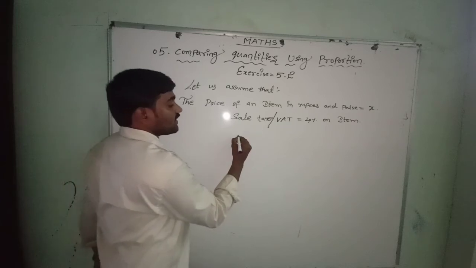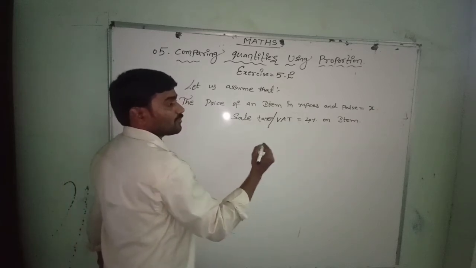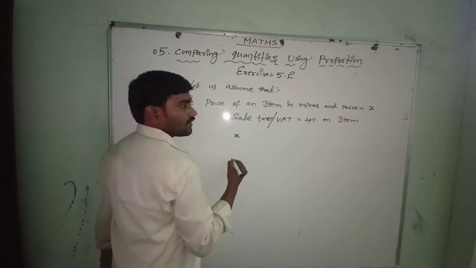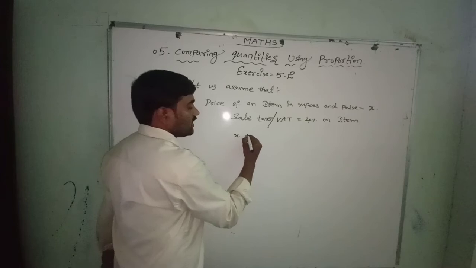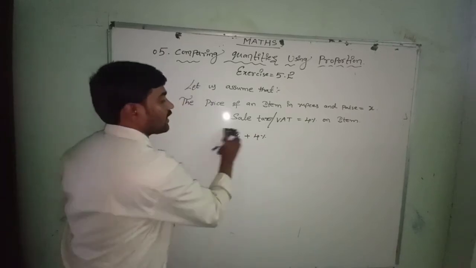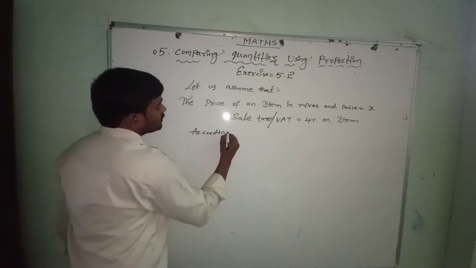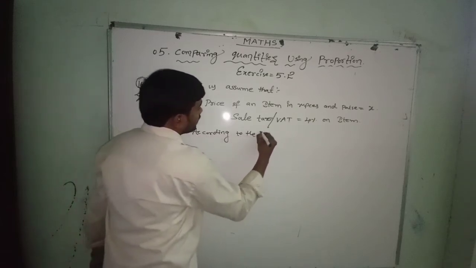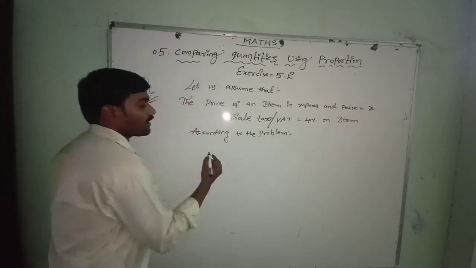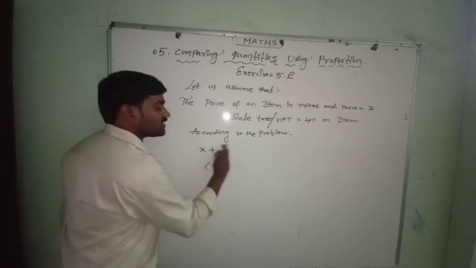So here the total amount will be x rupees plus 4% of it, according to the problem. ప్రకారం ఏంటి, ఈ x రూపీస్ ప్లస్ ఈ x రూపీస్ పైన 4% ఆఫ్ ట్యాక్స్ ఇస్తాడు.